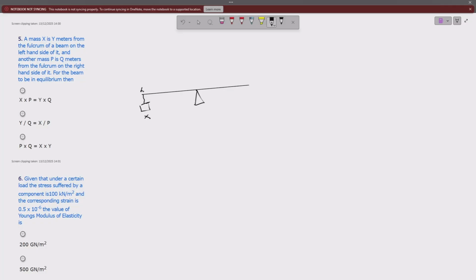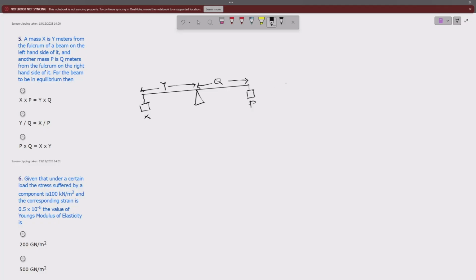Y from here, and another mass of P hangs, let's say here, that is P, at a distance of Q. So for this beam to be in equilibrium, the sum of clockwise moments equals anti-clockwise moments.